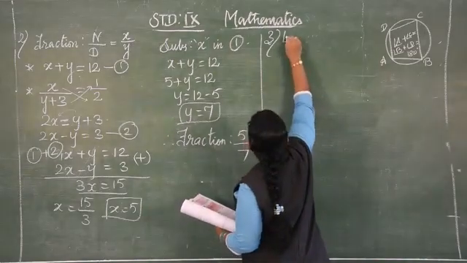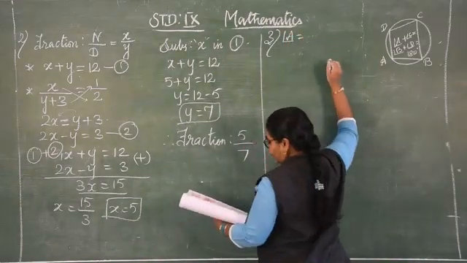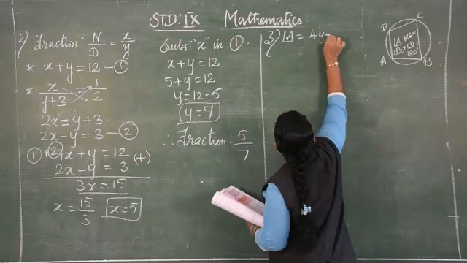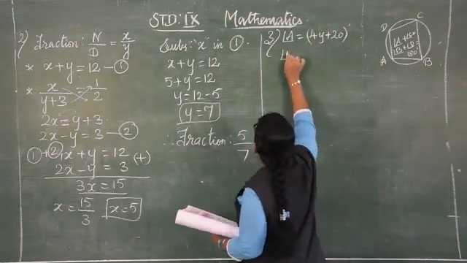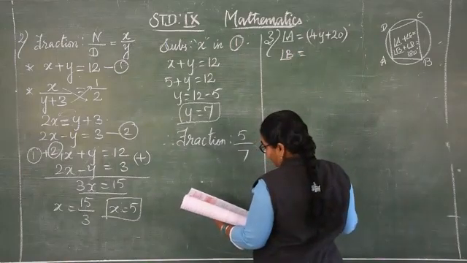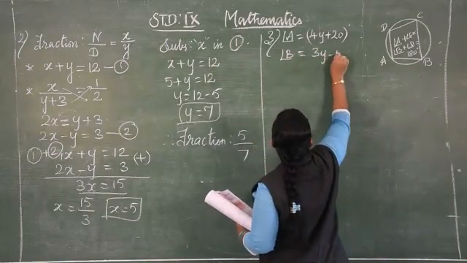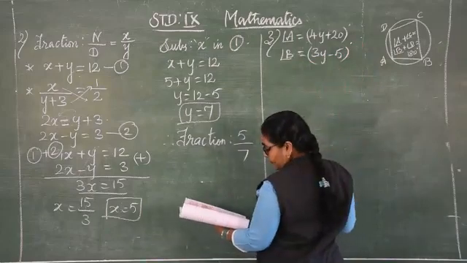And they have given measure of angle A is equal to 4y plus 20 degrees. Measure of angle B is equal to 3y minus 5 degrees.